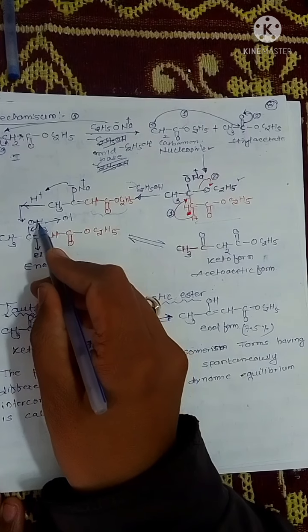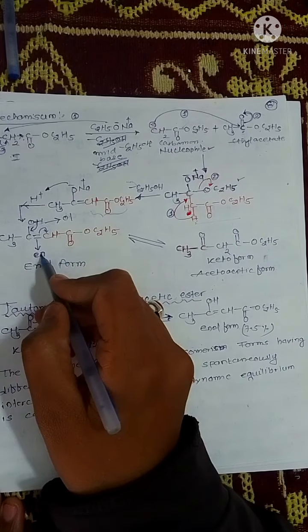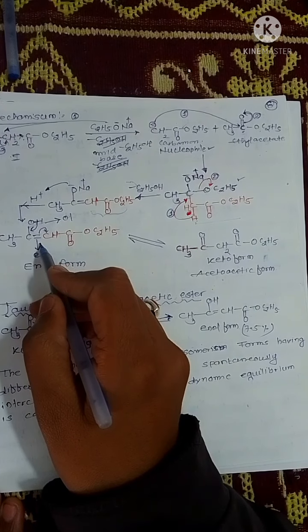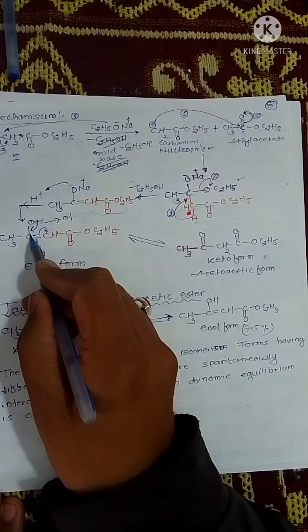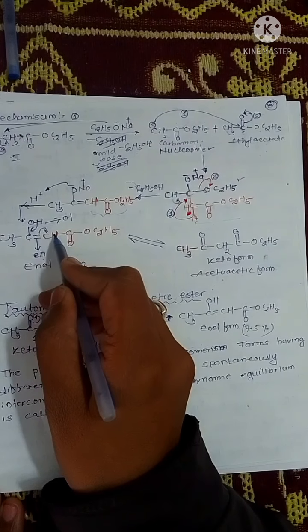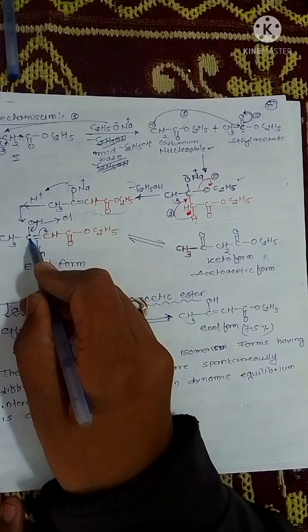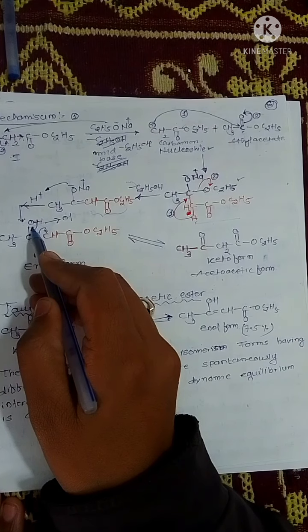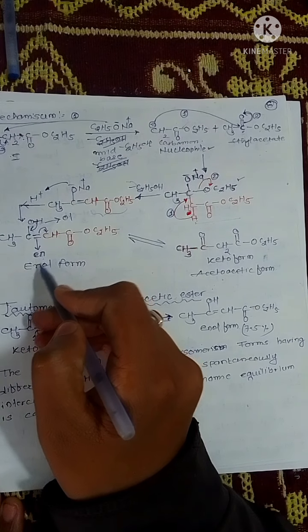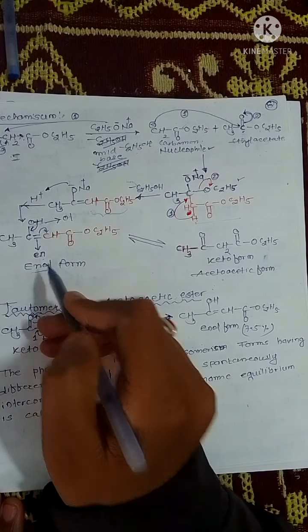So this is basically what? Enol form, a compound in which a carbon is attached with a double bond to an adjacent carbon, and that carbon has OH functionality, is generally known as an enol compound.